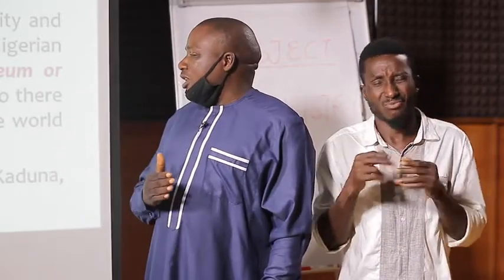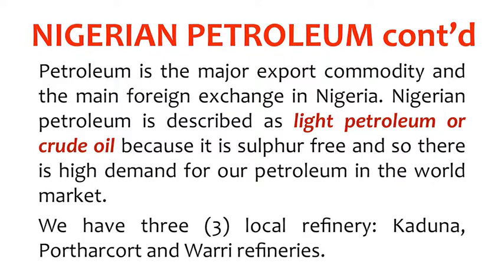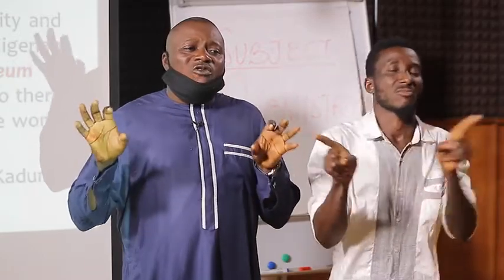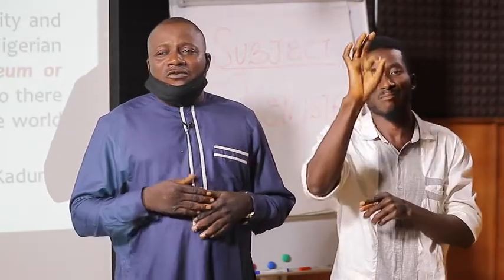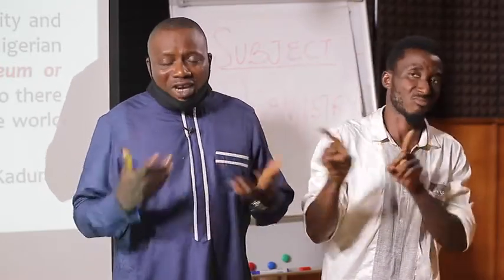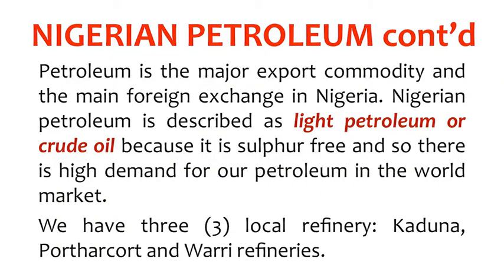The demand is always very high. Whenever this petroleum is drilled from the ground, it is stored in a reservoir, after which it is distributed to various refineries for us to distill into various fractions. In Nigeria, we have three major refineries.